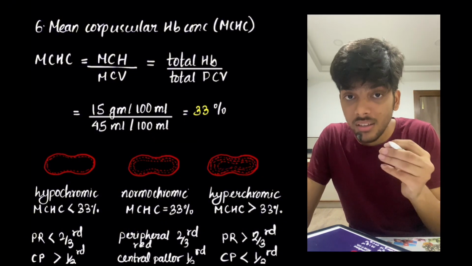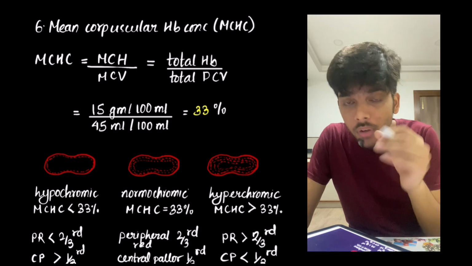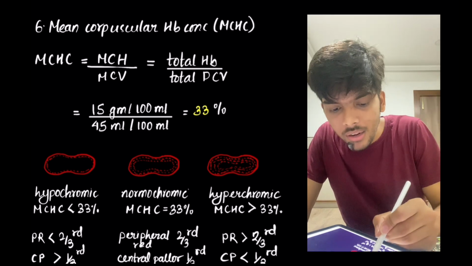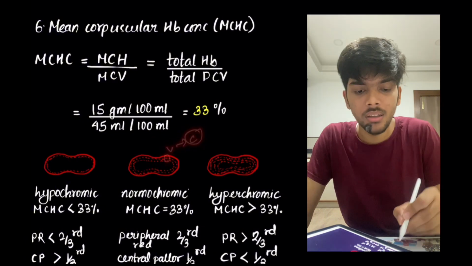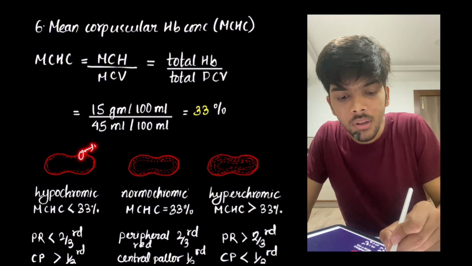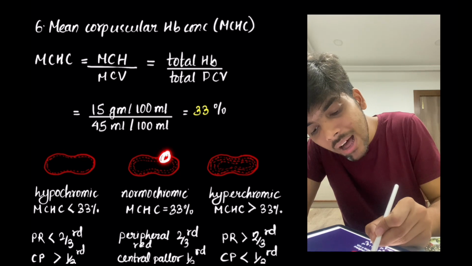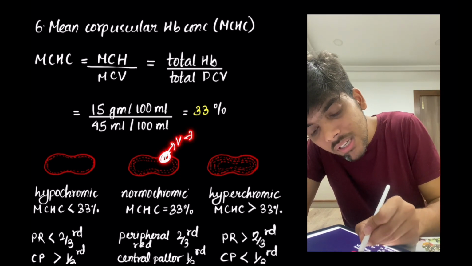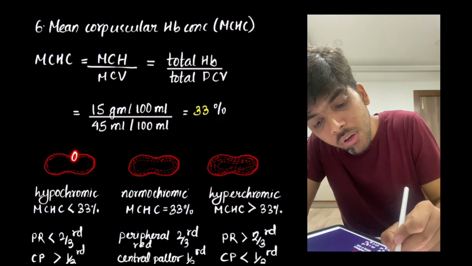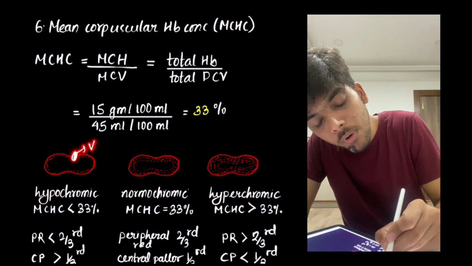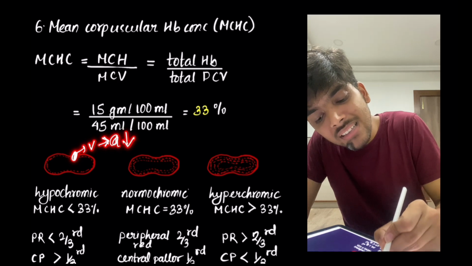Let's say the concentration, that is in per unit volume of the same RBC, the amount of hemoglobin is less. Here in per unit volume, there was certain concentration C. Now in this per unit volume of RBC, the amount of hemoglobin is, let's say, A. In this per unit volume of RBC, the amount of hemoglobin A is less as compared to this.